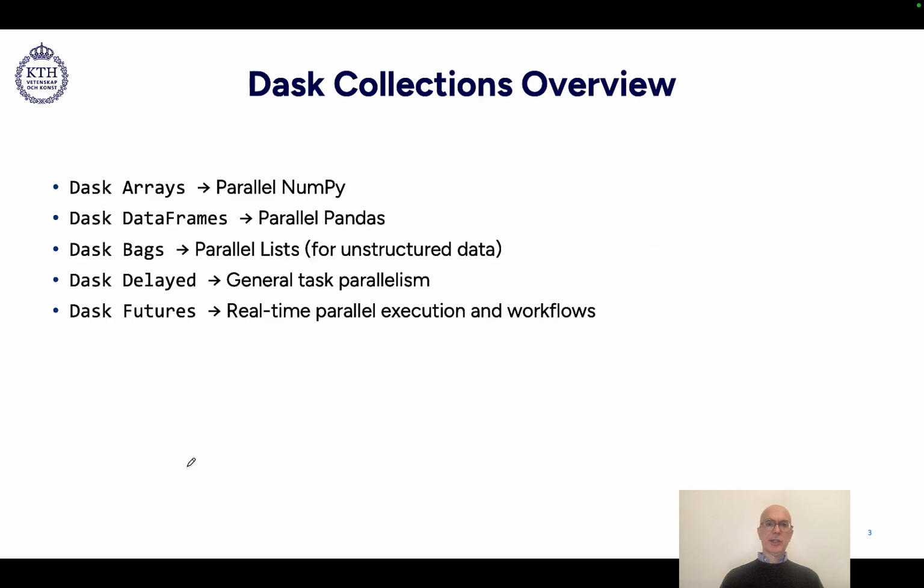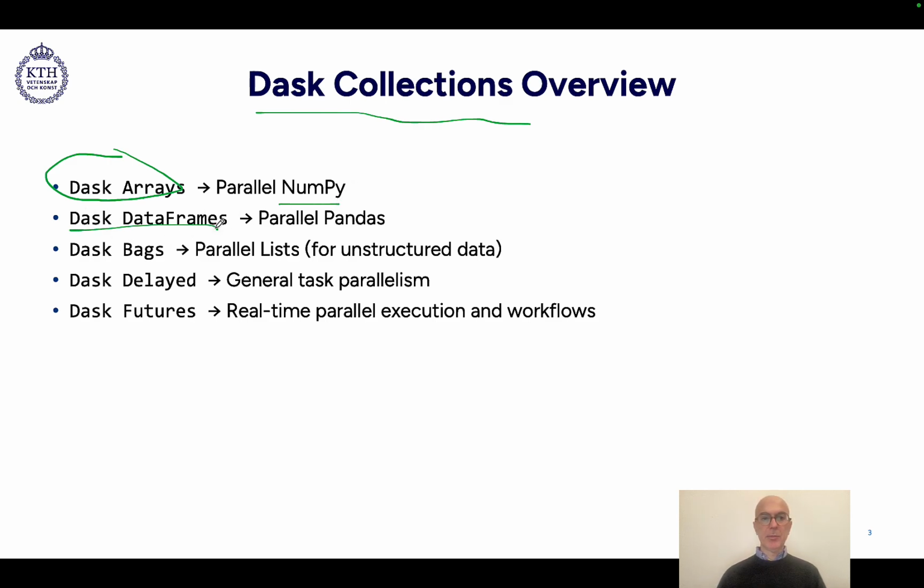In this lecture, I just want to give an overview of the different ways of enabling parallel computation using a different approach that goes under the name of Dask collections. I will start by describing Dask arrays, which are an extension of NumPy to parallel computers.